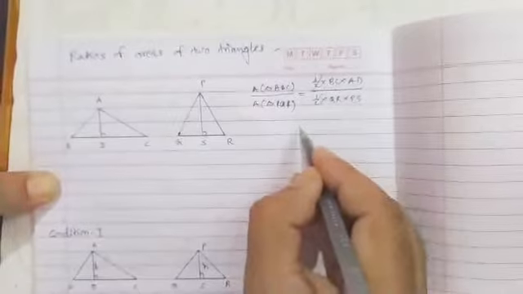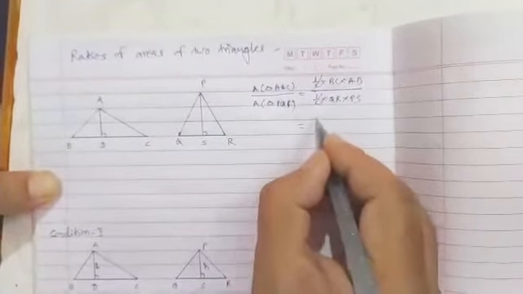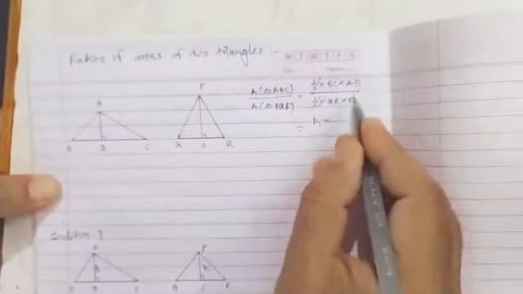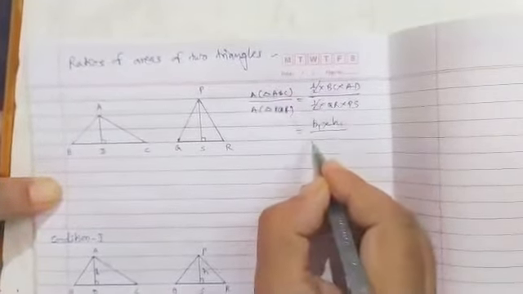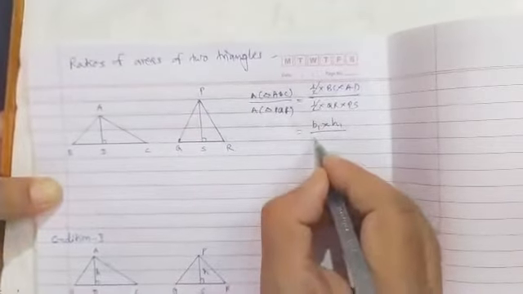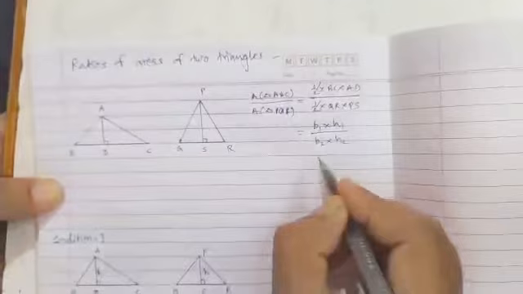The 1/2 gets cancelled, then we get BC, we take it as B1, AD means height, that is H1, divided by QR, the base of the other triangle, that is B2, and the height of the other triangle, that is H2.